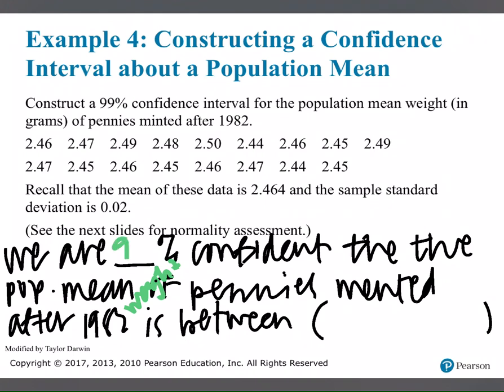So we were 99% confident that the true population mean weight of pennies minted after 1982 is between that 2.4498 to, sorry I'm running out of room, 2.4782. And that is your confidence interval about a population mean.